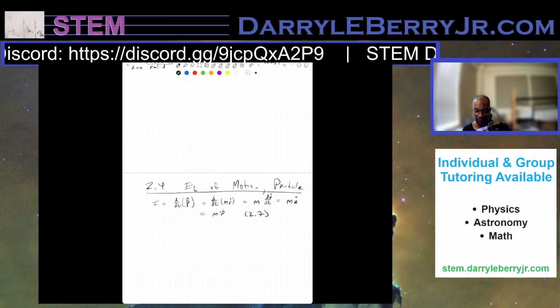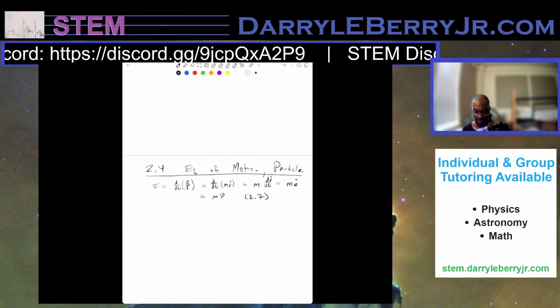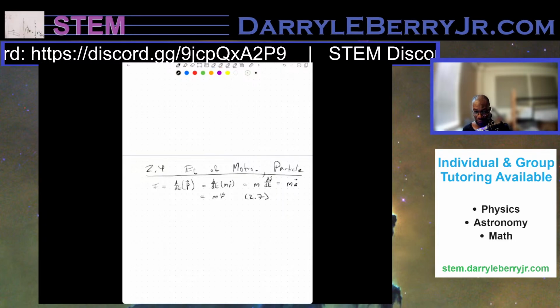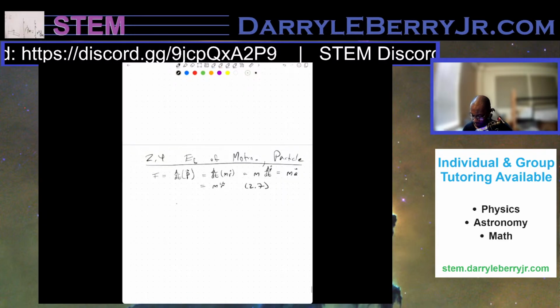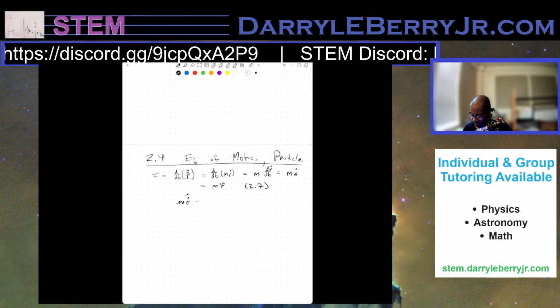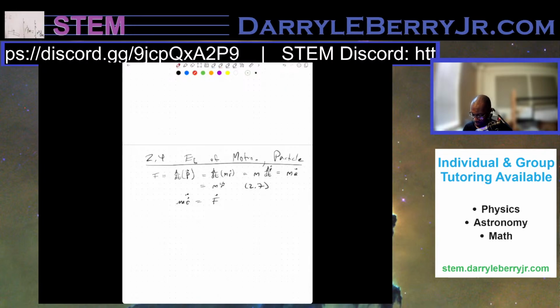This is a second order differential equation that may be integrated to find r equals r of t if the function F is known. In other words, m r double dot equals F. If we know F, we can integrate this thing.